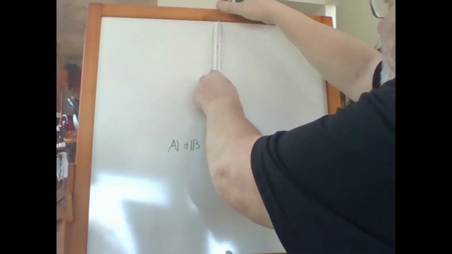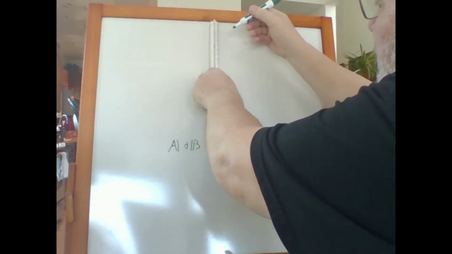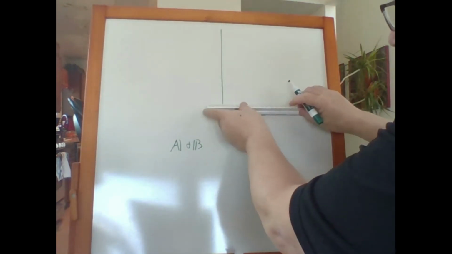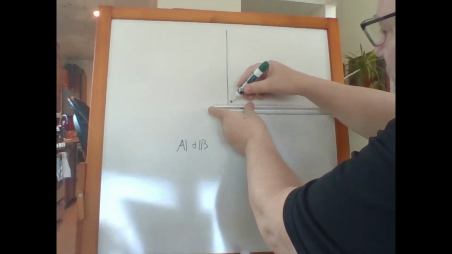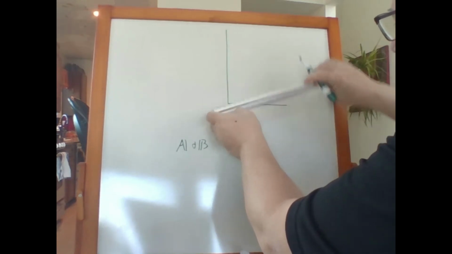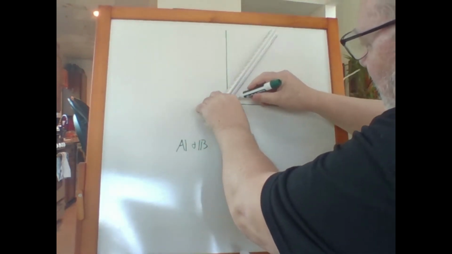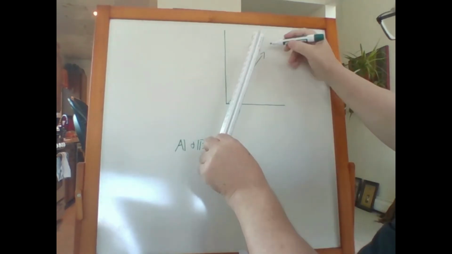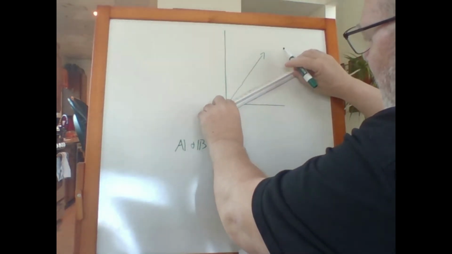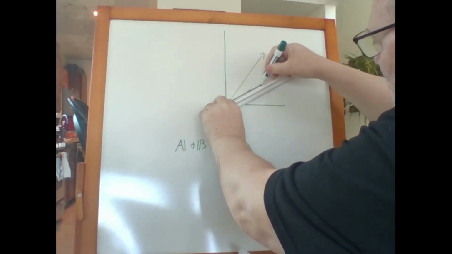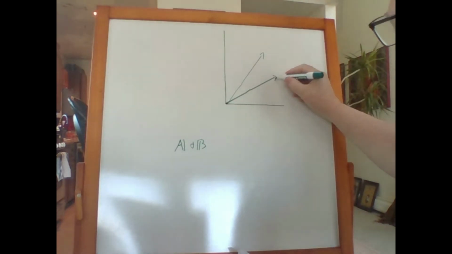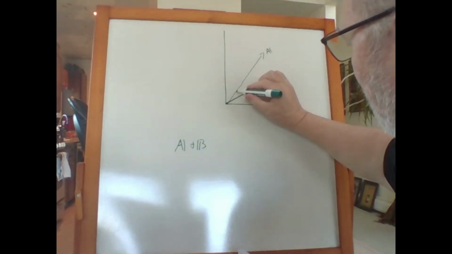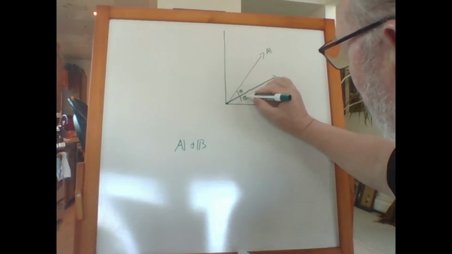We're going to have a vector plane, and we're going to have vector A and vector B. We've got an angle here, theta, and an angle here, phi.